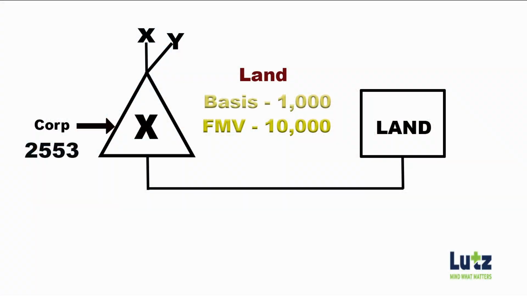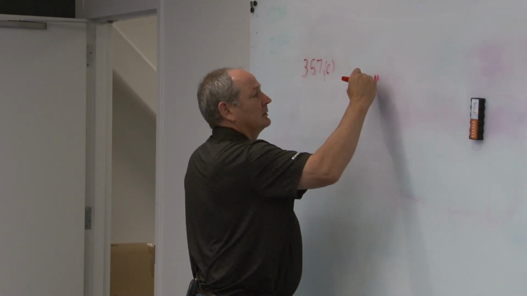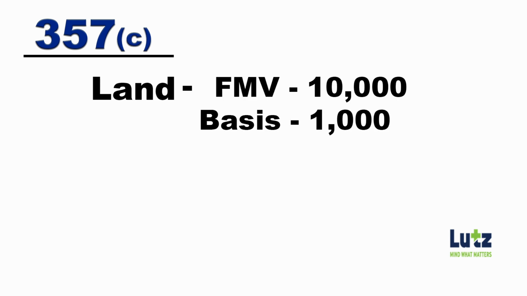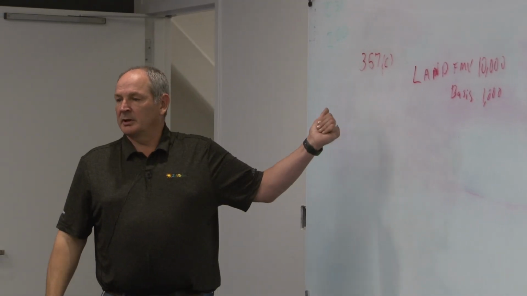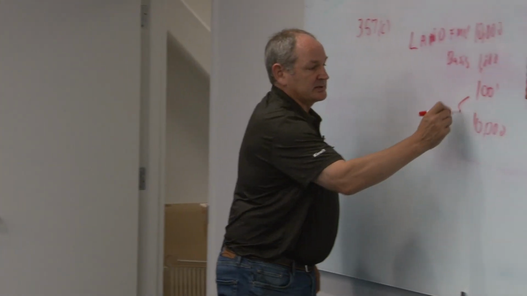What would debt have to be for a 357 problem to kick in? 1,100? Yes. But it could be 1,001. It could be 10,000. Doesn't matter. It's going to be in excess of basis. My debt is in excess of my basis.